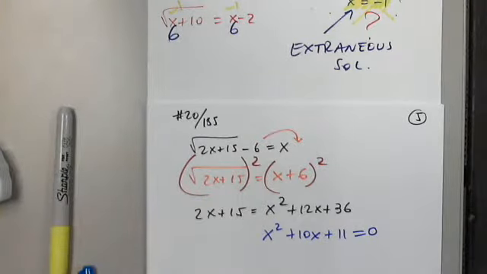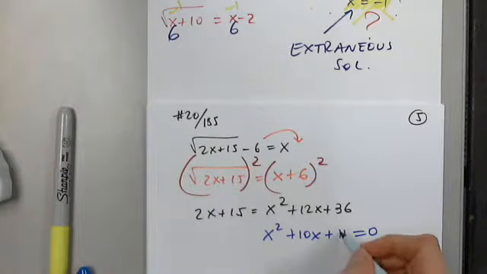Do we agree with x squared plus 10x plus 11? We do? Everyone? So I subtracted 2x and I subtracted 15. Oh, 21. Yes. Sorry, my apologies. Good.